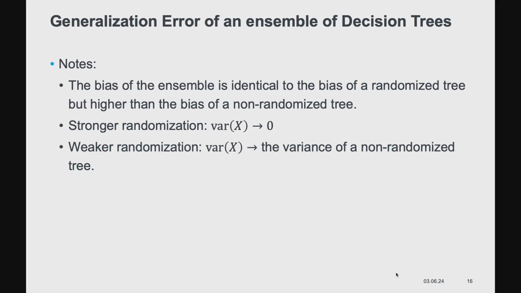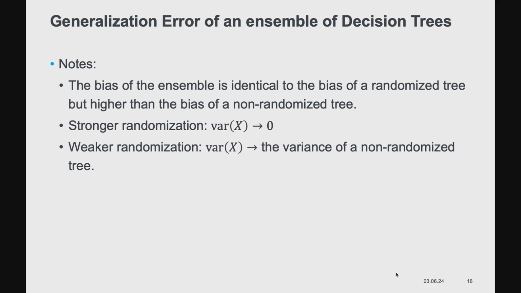The more we randomize, the more the variance goes against zero when we grow the number of trees. But it's not completely randomized because, well, if we go completely randomized, then of course we also lose the information that we have in our available limited size data set. So what we get here is again a trade-off between bias and variance.